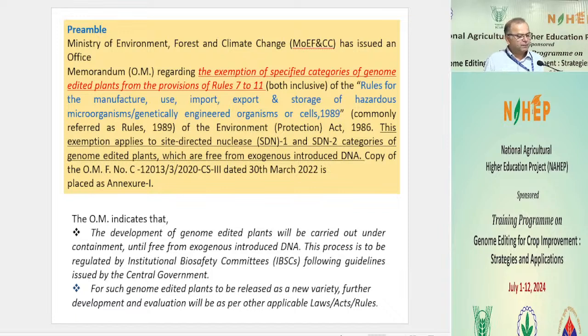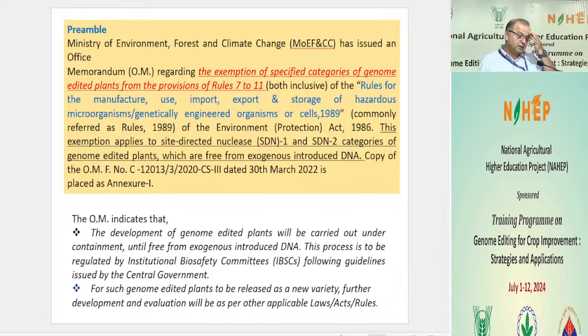Rule number 7 describes all the prohibitions that are imposed on a genetically engineered variety. What kind of prohibitions are applied in our country when it is genetically modified, or GMOs, genetically modified organisms?